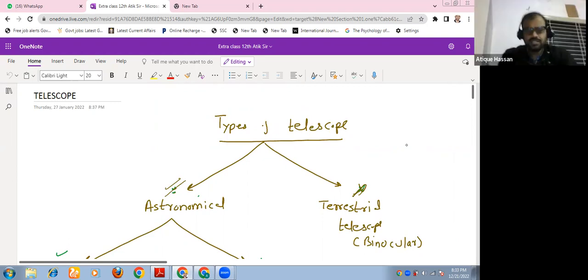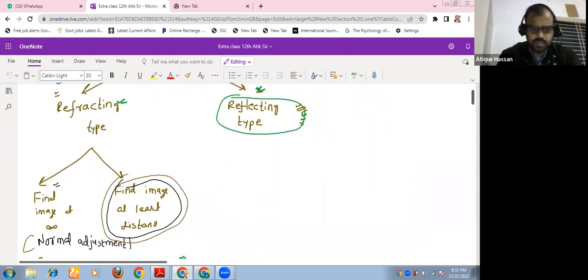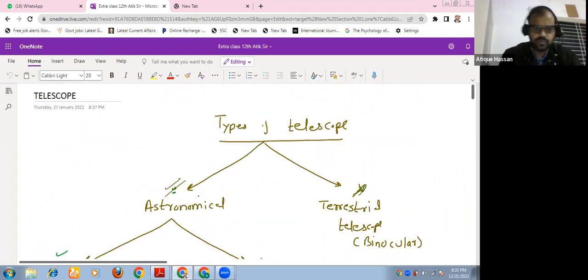One difference is that a telescope is used to see distant objects, right? And with the help of a microscope, we see nearby objects. That is okay. Apart from that, any difference? Does anyone have any idea about the telescope?